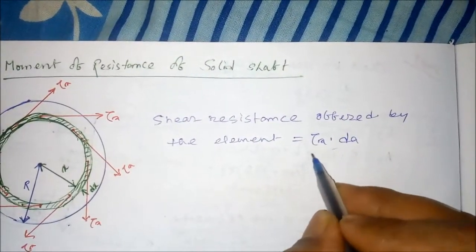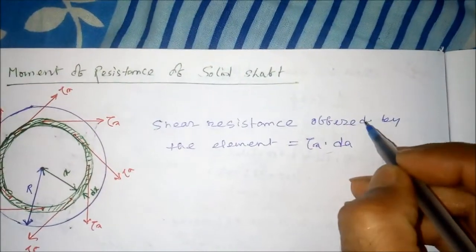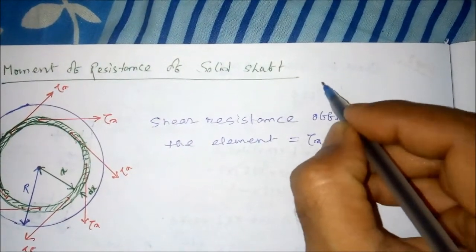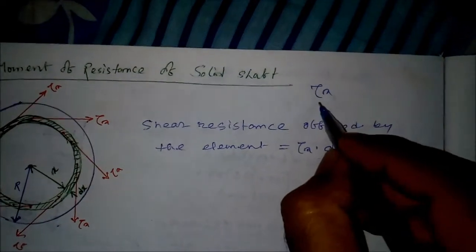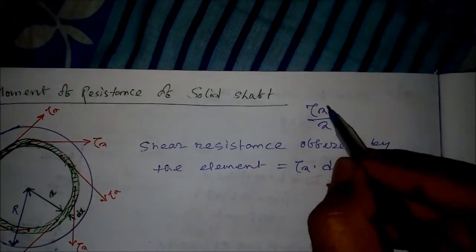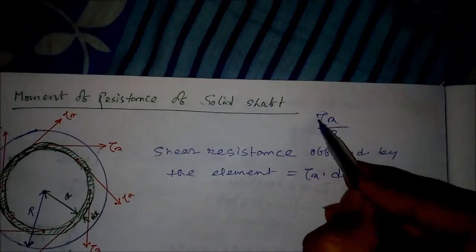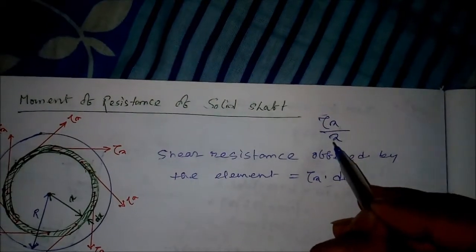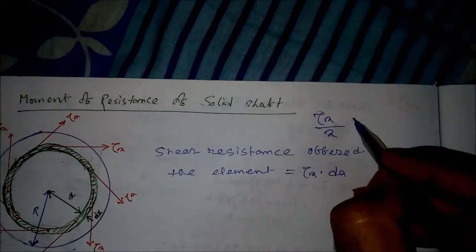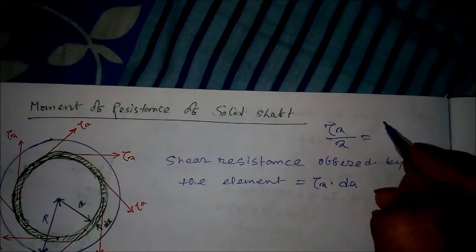Now from the last class we have seen that tau x divided by x, that means the shear stress at a point situated x distance apart from the center, will be linear.